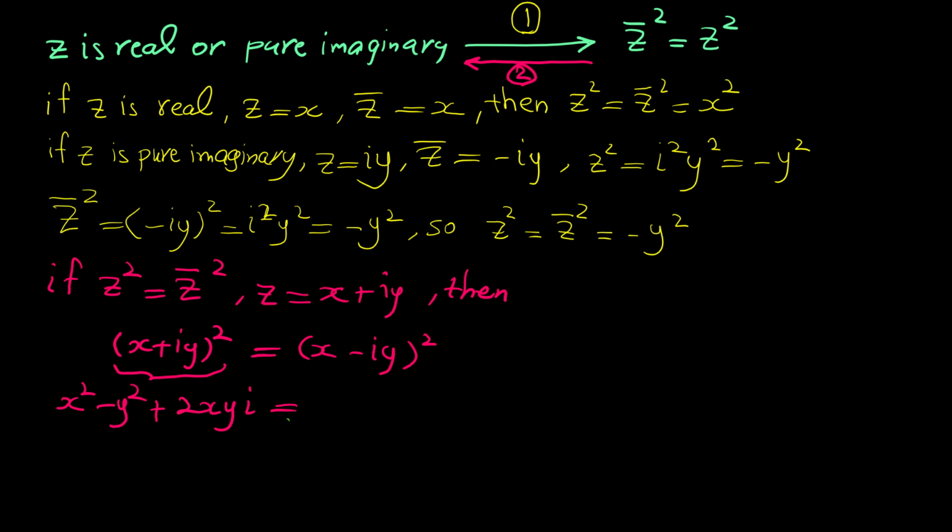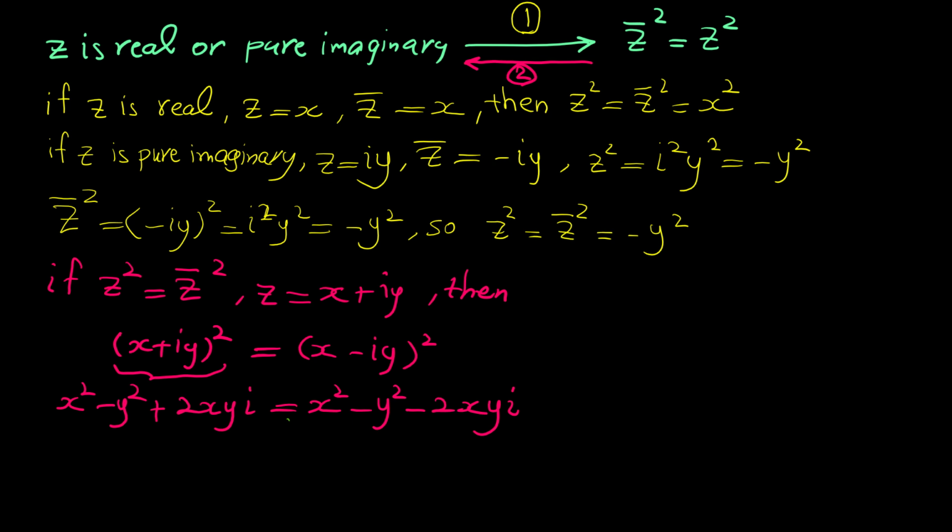In a similar way, easily you can see that if you raise this bracket to the 2, it equals x2 minus y2 minus 2xyi. By raising this bracket to the power of 2, which means multiplying the bracket by itself, you would get this. Now compare the left side and the right side. If we move everything to one side, then x2 with x2 cancels.